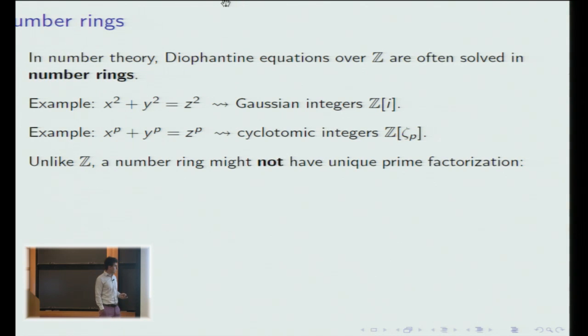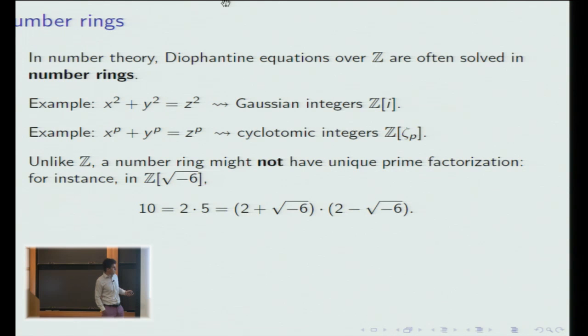And so one of the reasons that it doesn't work out always is that a number ring, unlike the integers, is not always a unique factorization domain. So this is one of these standard examples that probably many of you have seen. So 10 factors in 2 different ways into irreducibles in Z adjoin square root of minus 6.